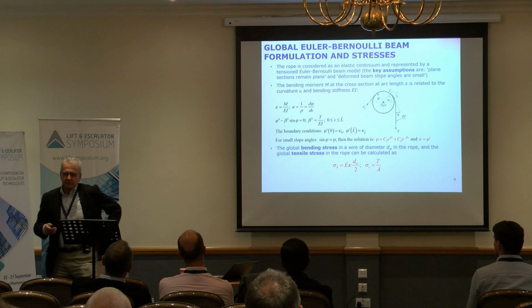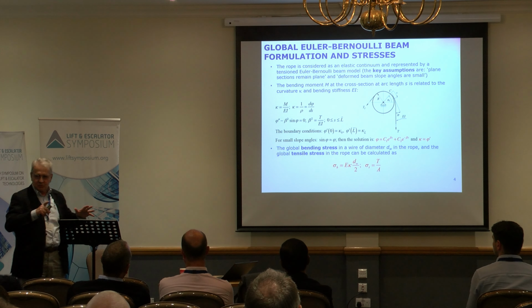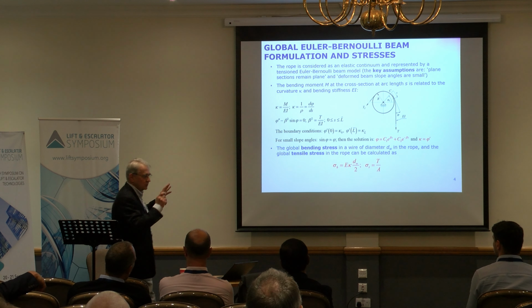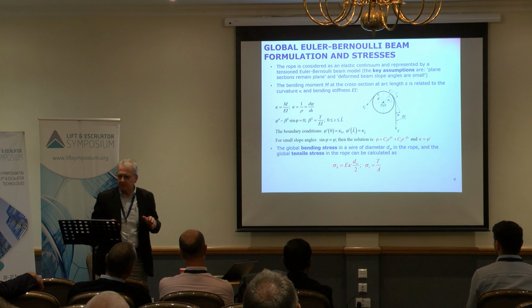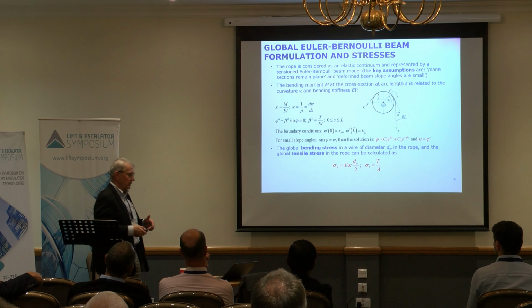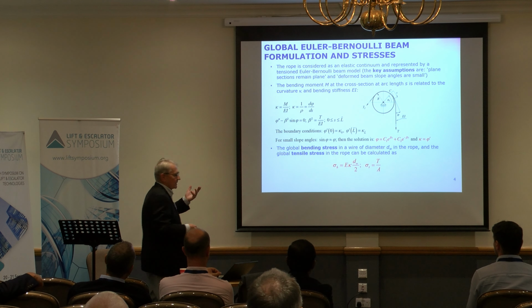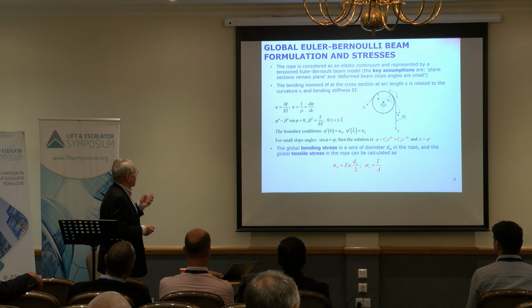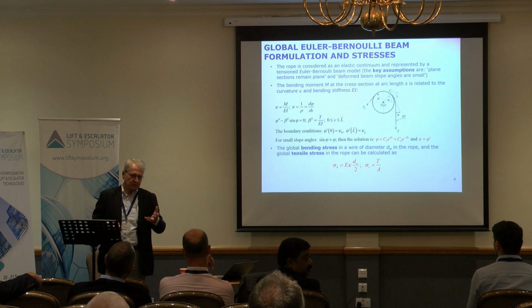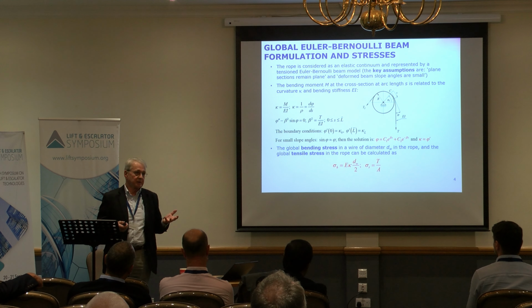I'm sorry, there will be some mathematics here, but I will quickly go through this. You don't need to go deeply. It is in the paper, which is in the proceedings. You can dip into it later. But this is applied mechanics, quite fundamental in terms of the mechanism of bending.